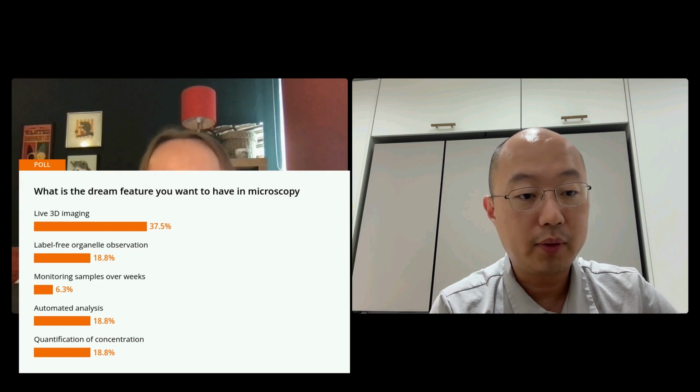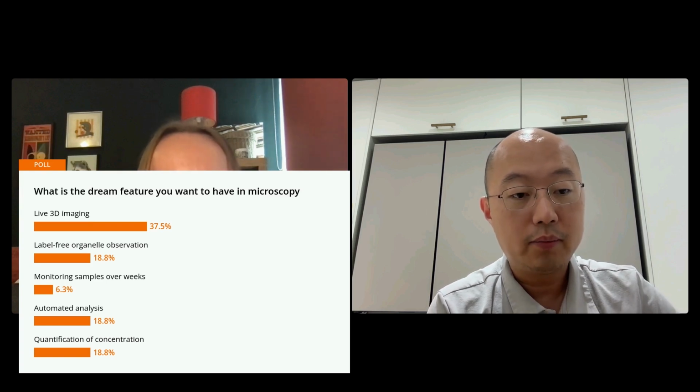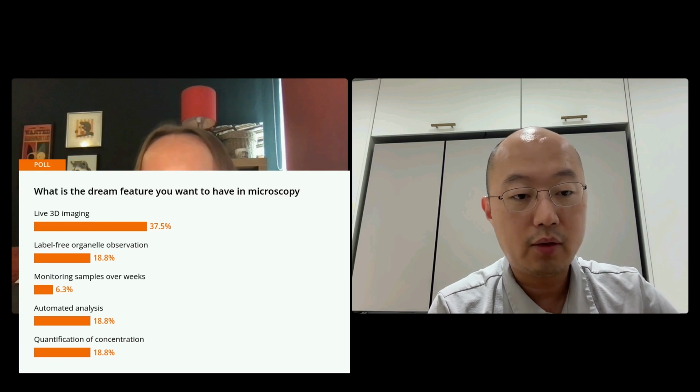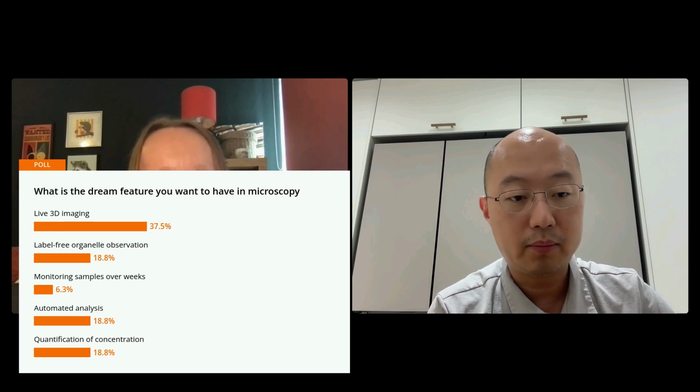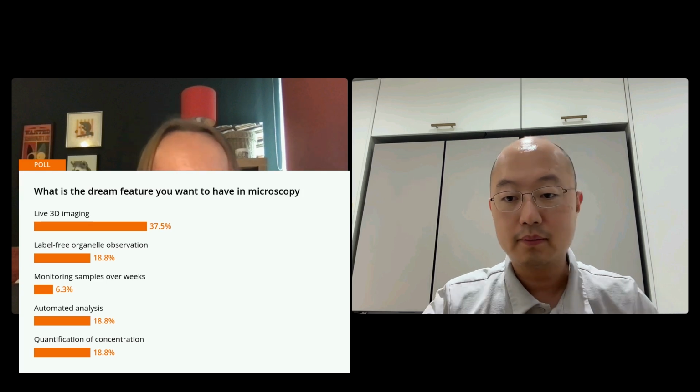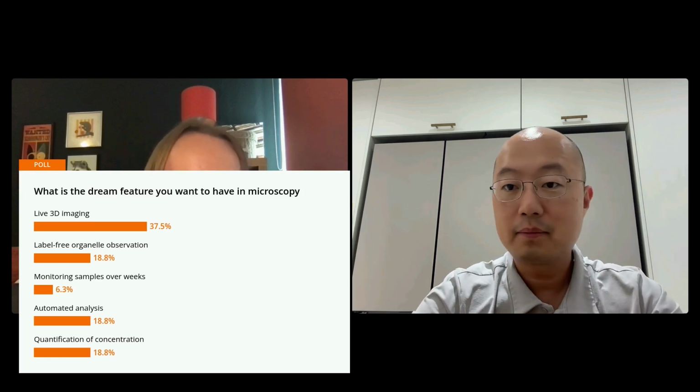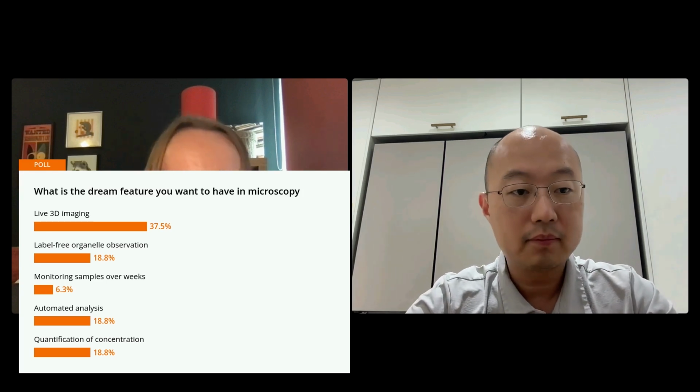Automated analysis and quantification of concentration was only possible manually previously, and now we are very pleased to launch the Tomo Analysis in a few weeks, which will enable automated analysis for the quantification and segmentation of organelles. I think that will be very useful for many scientific studies. Yeah, it's responding to a lot of these dream features that people have.